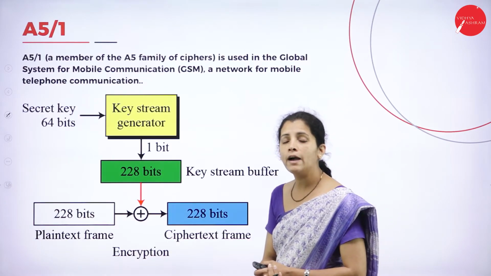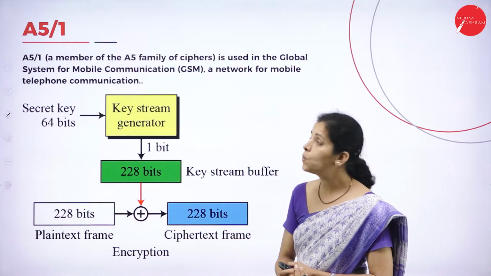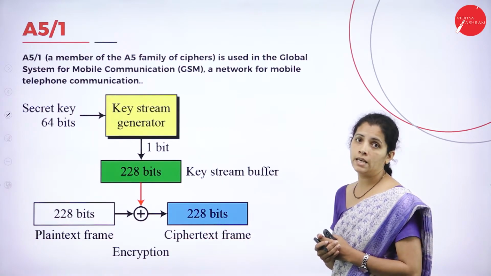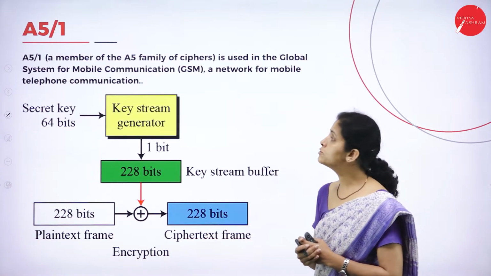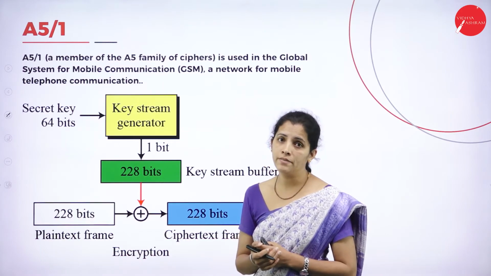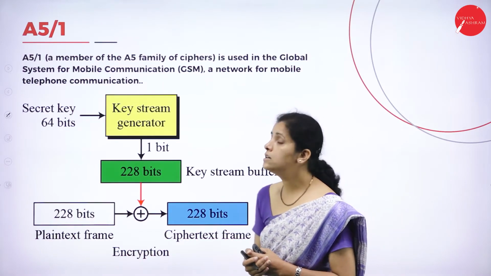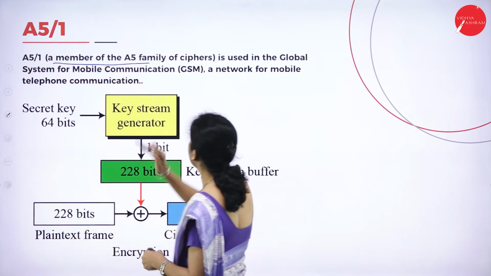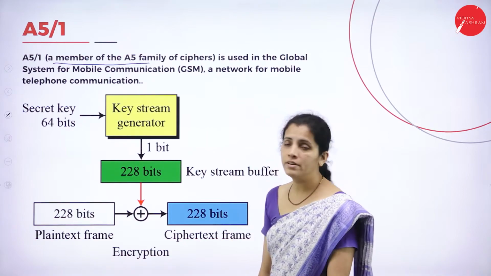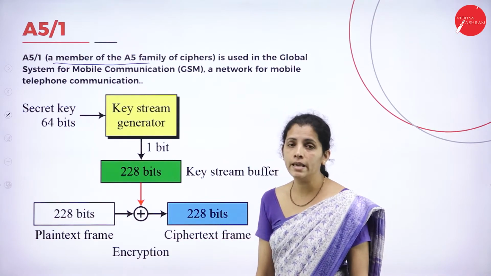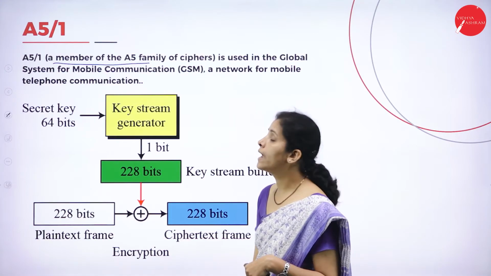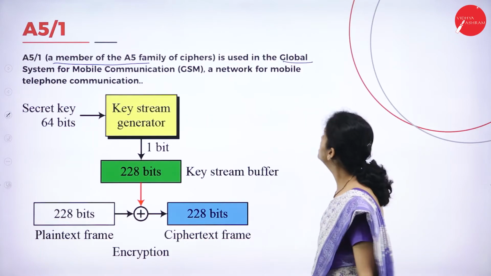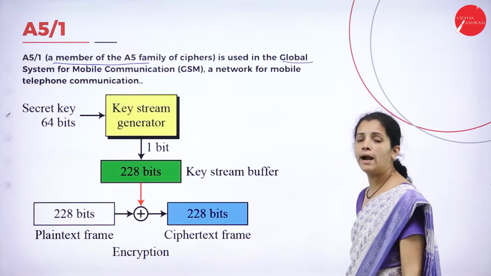Now I'm going to have A5/1. This is also an example of a stream cipher. So dear student, A5/1 is a member of the A5 family of ciphers. In the A5 family, I have A5/1, and this is used in the Global System for Mobile communication.